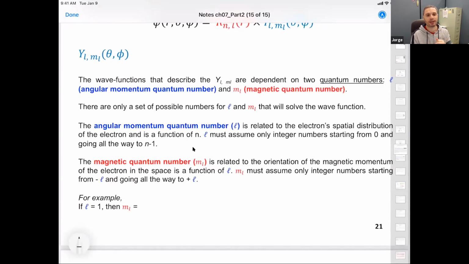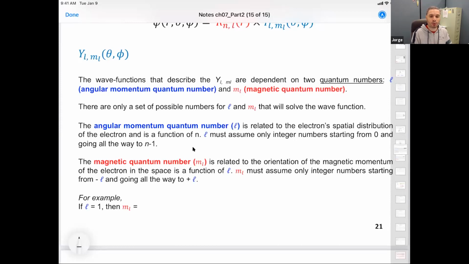And again, there are only a set of possible numbers for L and ML that will solve the Schrodinger equation. We already discussed L, so let's move on to ML.